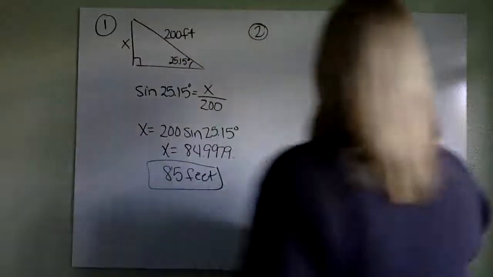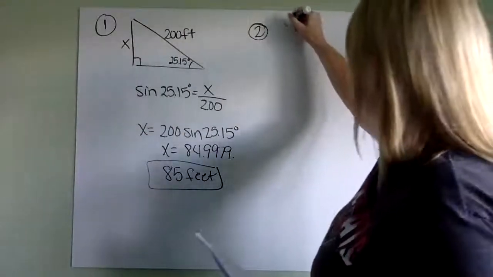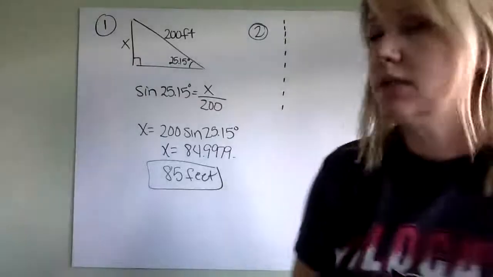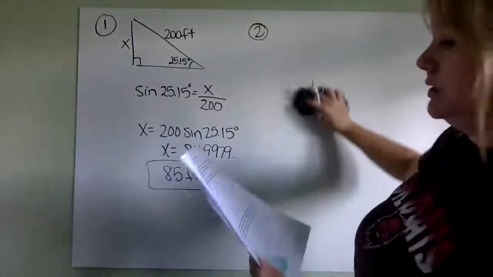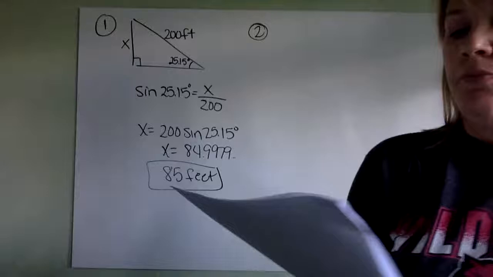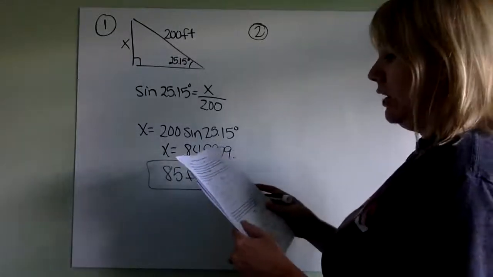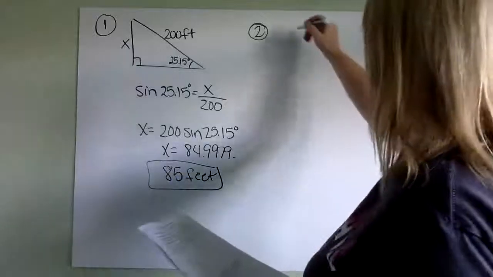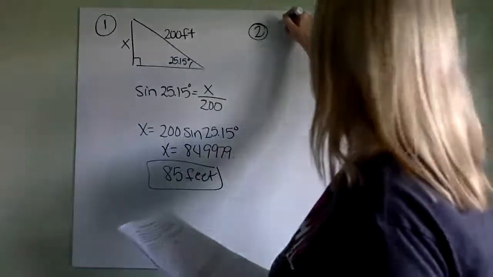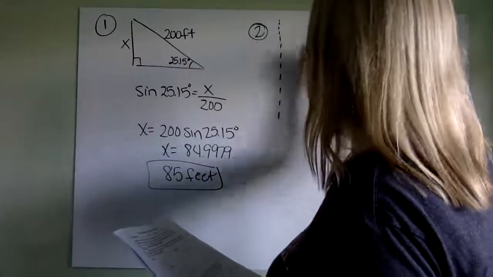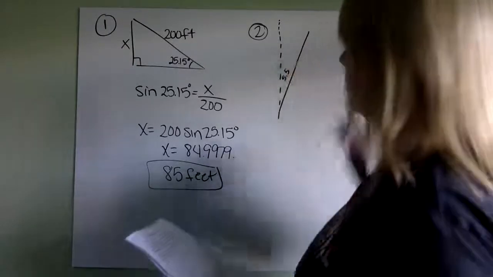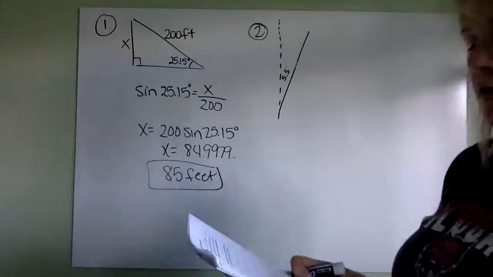The second question talks about the Leaning Tower of Pisa. It says the Leaning Tower of Pisa was originally perpendicular to the ground. As a result of sinking into the earth, it now leans at an angle of 5.5 degrees from the vertical. So here's our vertical, and then it leans at 5.5, as shown in the figure.